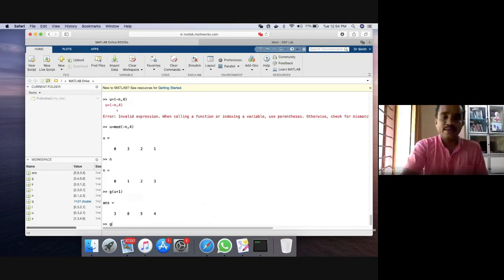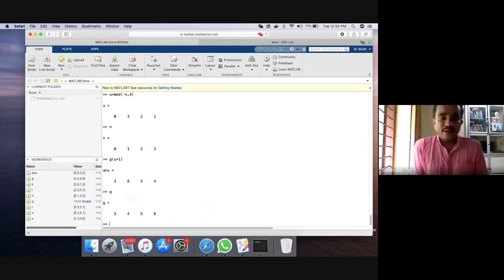Now what is your G? G is 3458. If you consider it as circular time reversal, it becomes 3854. So this way you can easily do circular time reversal, circular shifting, etc. using MATLAB code. And with this, you should be able to do circular convolution as well as DFT.